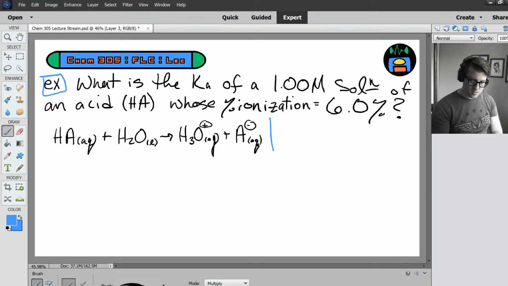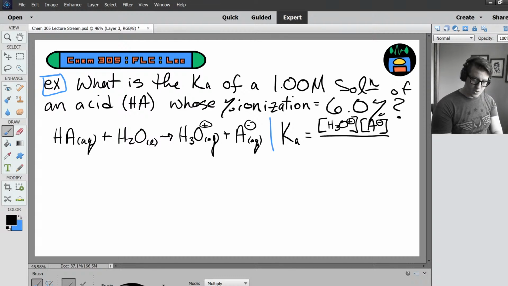The equilibrium constant, Ka, equals the concentration of hydronium times the concentration of A minus over the concentration of HA at equilibrium.